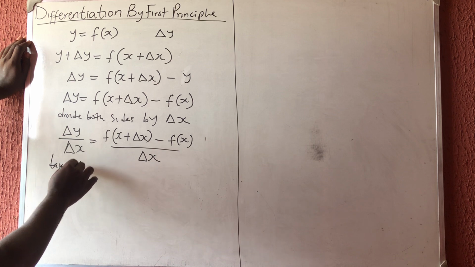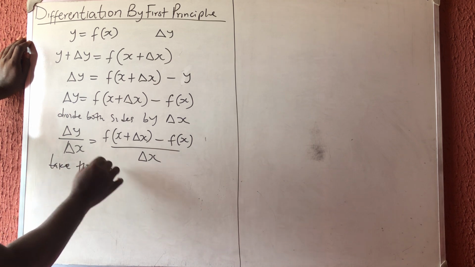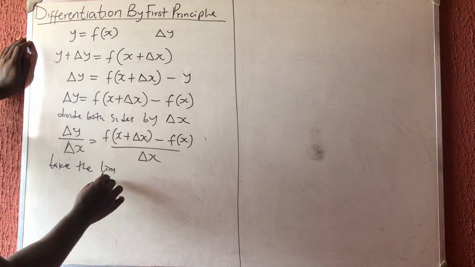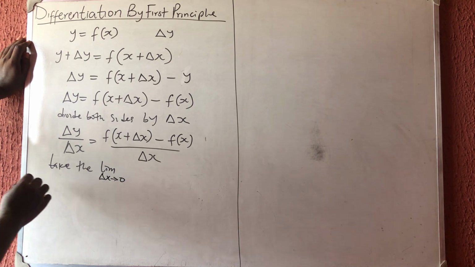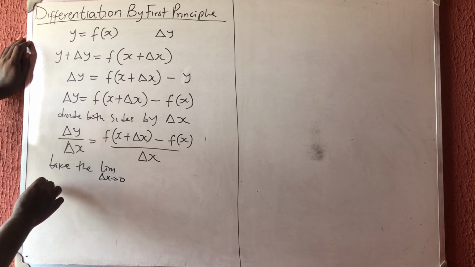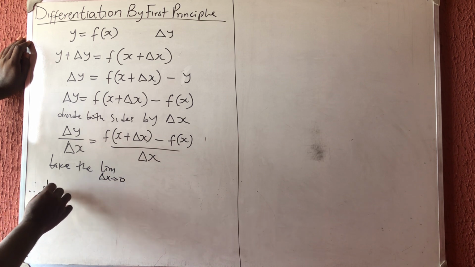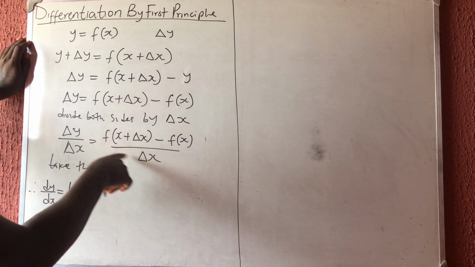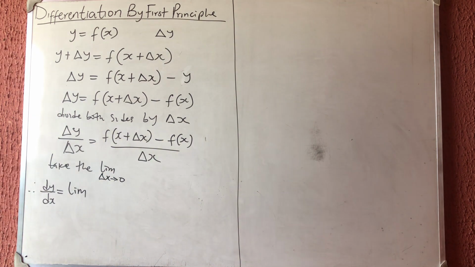Let's take the limit as change in x approaches 0. So therefore, your dy dx, the differentiation by first principle, is simply the limit of this. We're taking the limit of both sides.